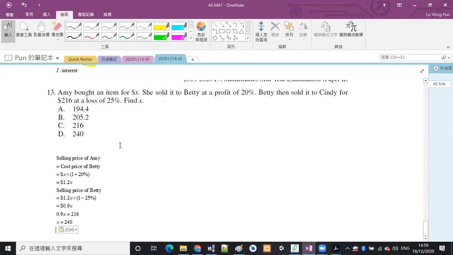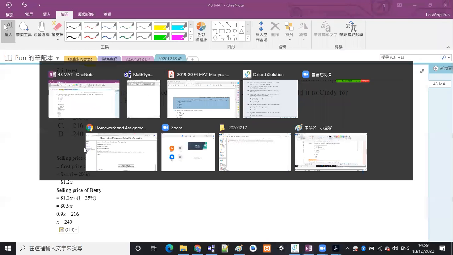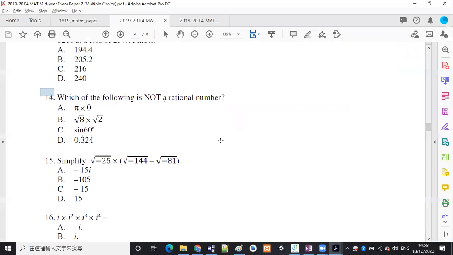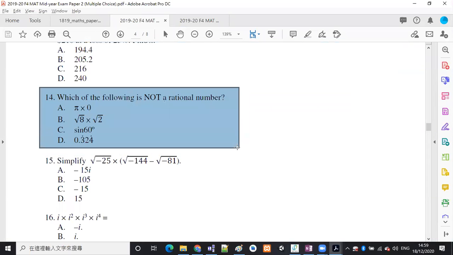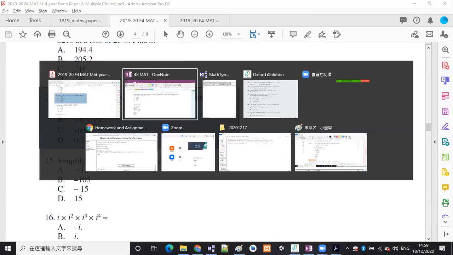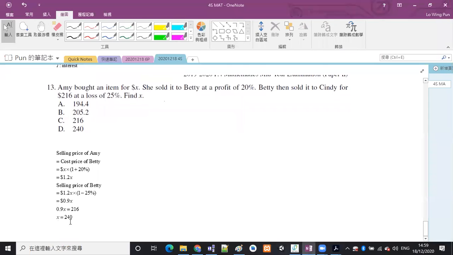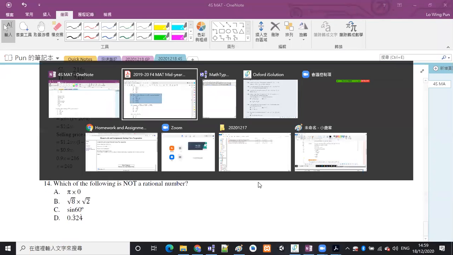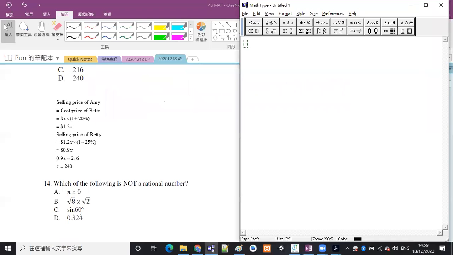Okay. Next, Number 14. Which of the following is not a rational number? Finally we get to Form 4 material. So what is meant by rational number?